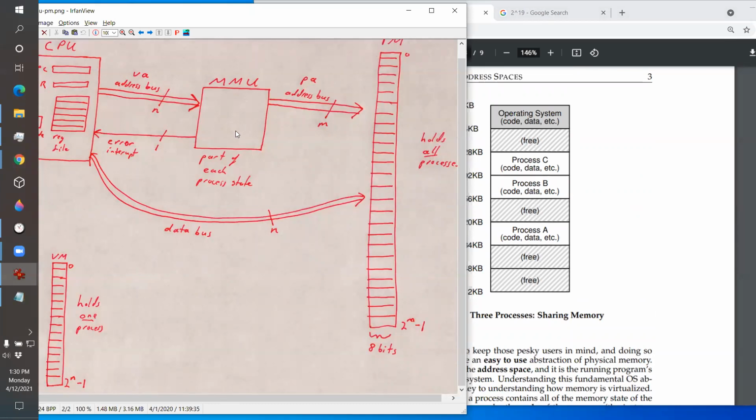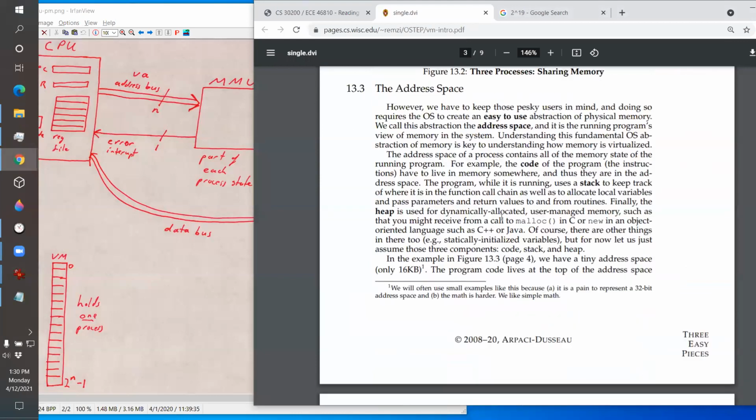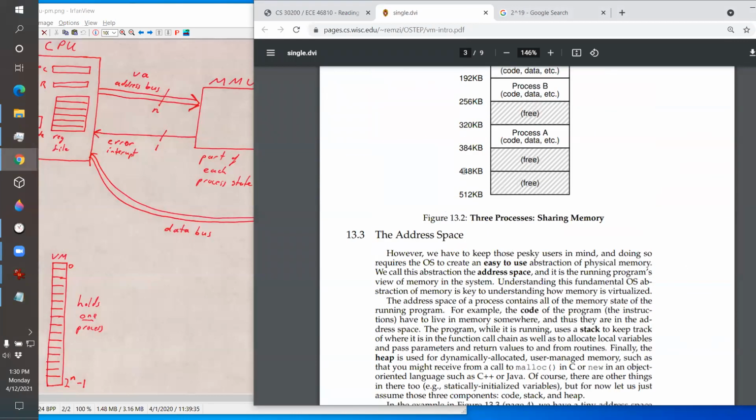That's the step we haven't talked about. But when the kernel moves process A from here to here, it'll just copy from here to here, and then it'll do a little update in the memory management unit. And then the memory management unit will say, oh, now process A's 0 goes to that address instead of that address. So process A can be moved.